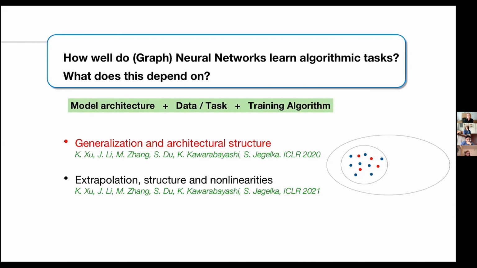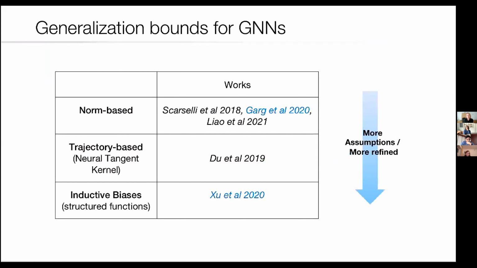And there has been quite a bit of work thinking about generalization in graph neural networks, the earliest from 2018 using VC dimension, and then some others using more learning theoretic concepts too, like Rademacher complexity. Then later on, people started thinking, well, actually for neural networks, also the training algorithm comes into play. So that analysis used the neural tangent kernel to bring the gradient descent into play.